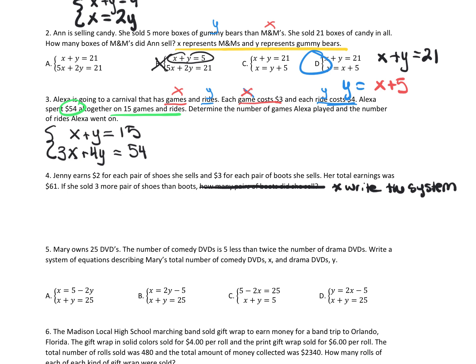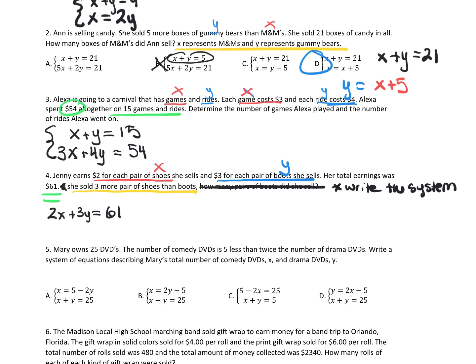So if we start, Jenny earns $2 for each pair of shoes. So the 2 goes with the X, and $3 for each pair of boots, and the 3 goes for the Y. Her total selling was 61. So there's an equation. 2 X's plus 3 Y's equals my $61. She sold 3 more pairs of shoes than boots.